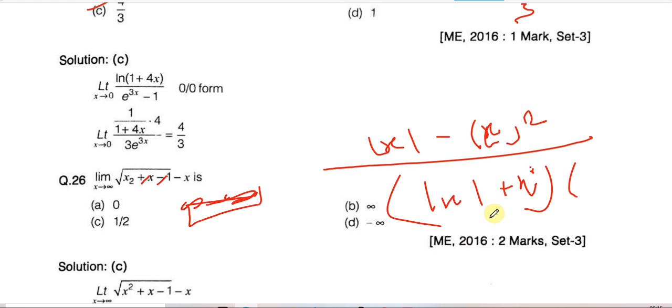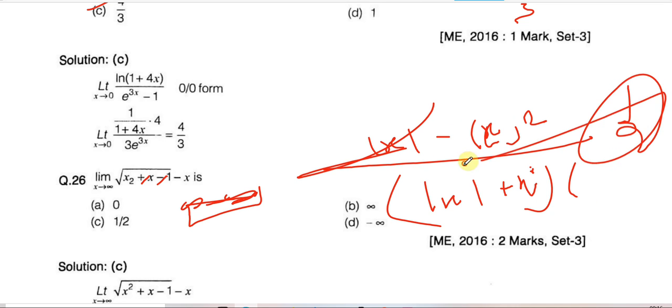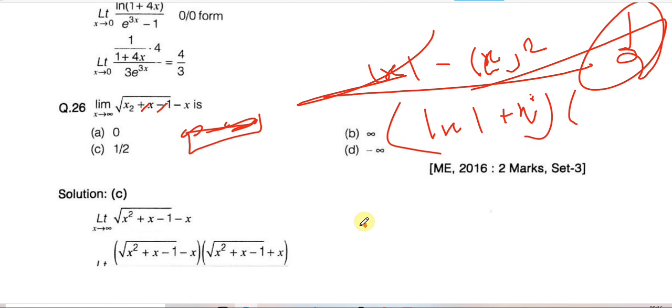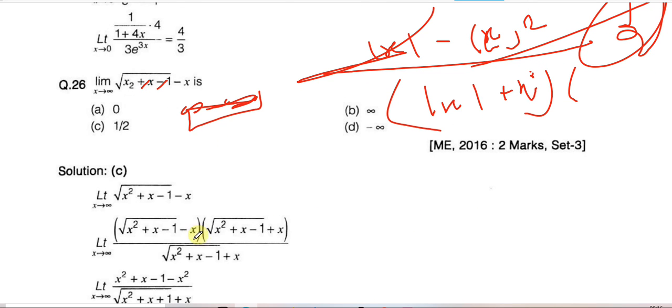See here, again the same problem, 1 plus 1 is 2, and here we can neglect this, so 1 by 2 will be the correct answer. So you can rationalize it also, or you can divide this.